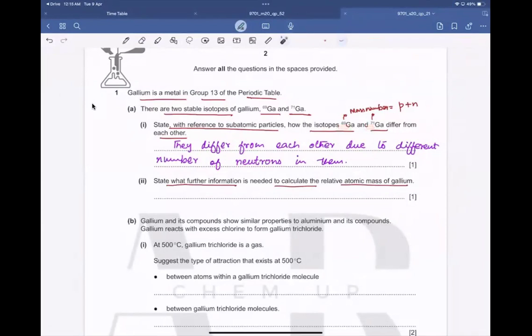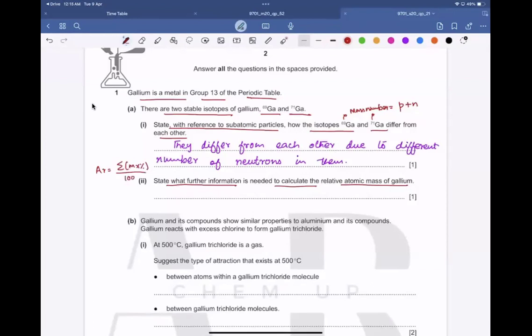One isotope has a mass of 69 and the other isotope has a mass of 71. So whenever we have to calculate the relative atomic mass, if you guys recall, the formula is the sum of isotopic mass times their percentage abundances divided by 100, isn't it?